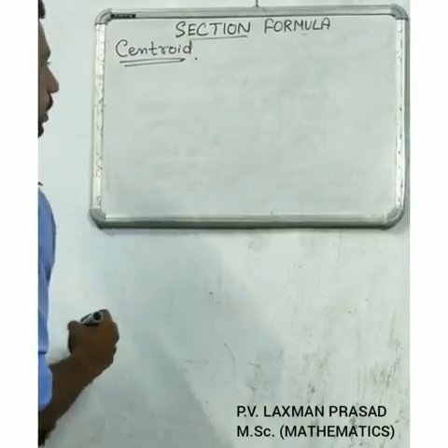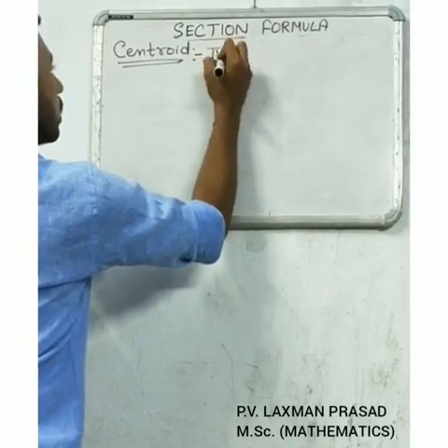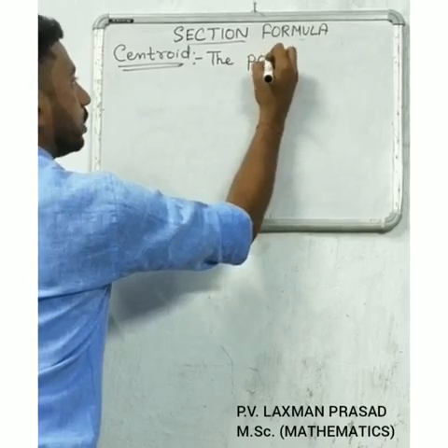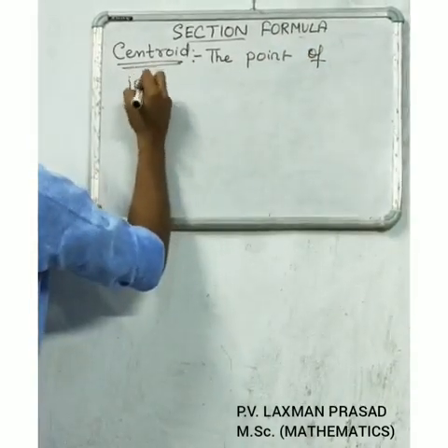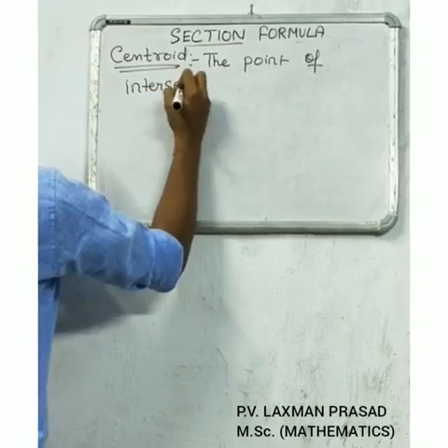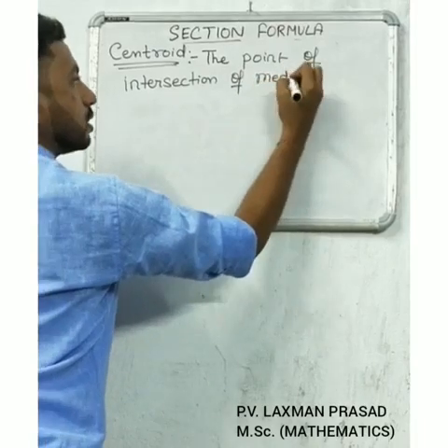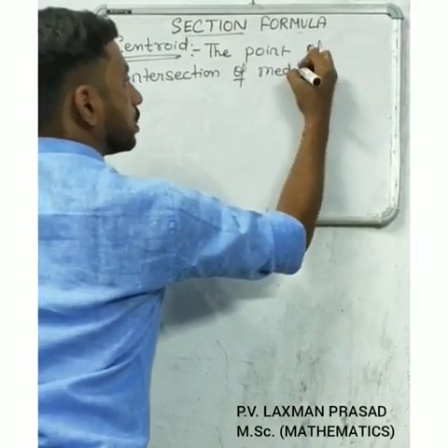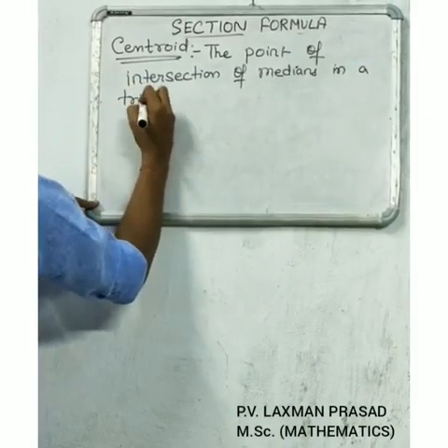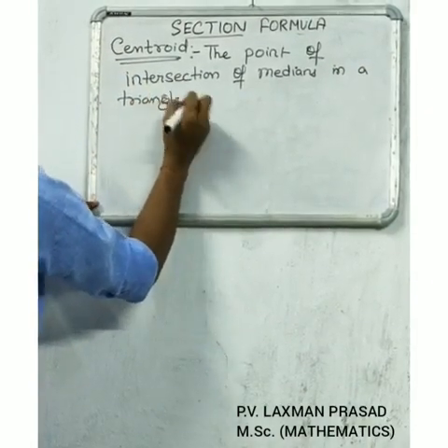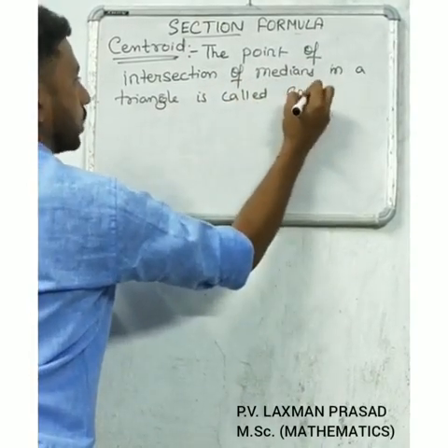The definition of centroid is the point of intersection of medians in a triangle is called centroid.